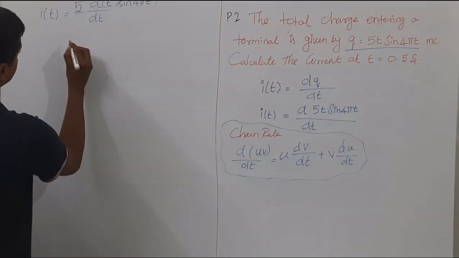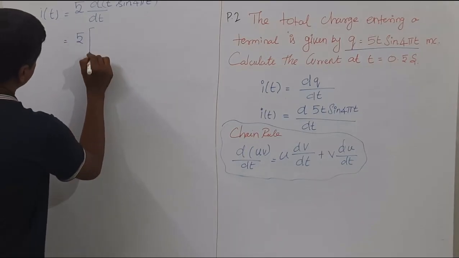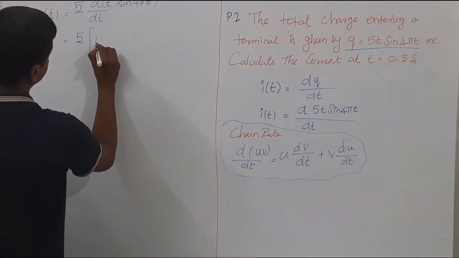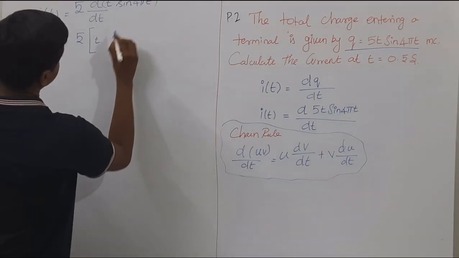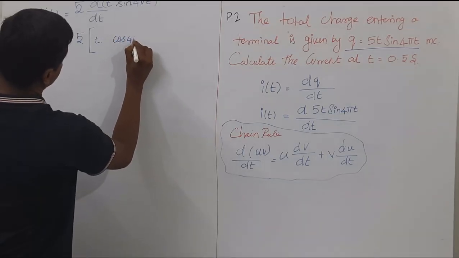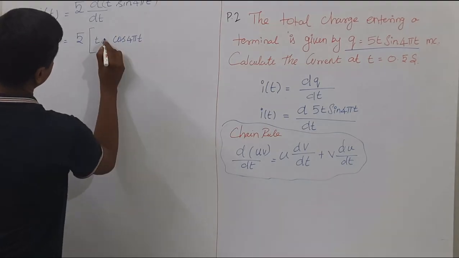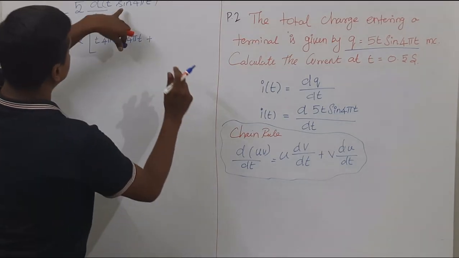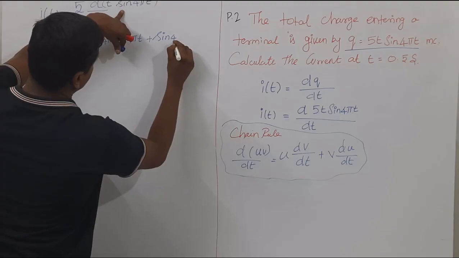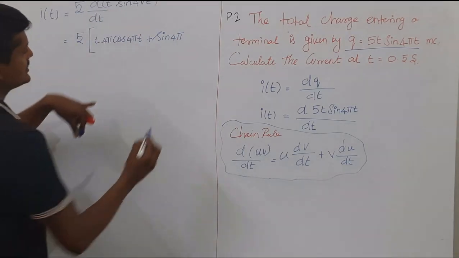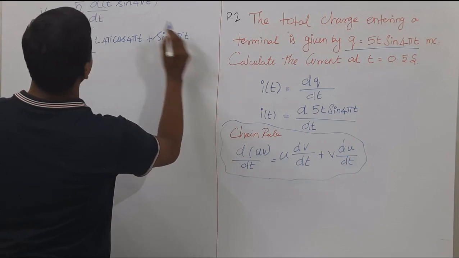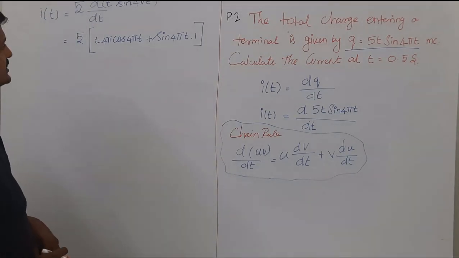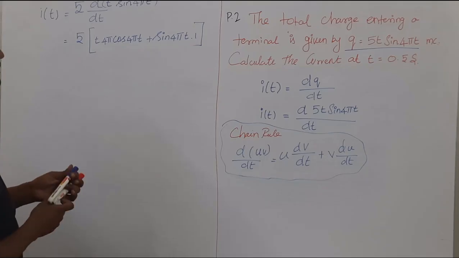So 5 into: u is t, differentiating sine gives cos 4 pi t into 4 pi, plus sin 4 pi t into the derivative of t, which is 1. Okay, so now what is the value of t?